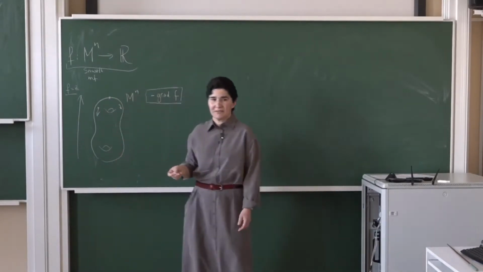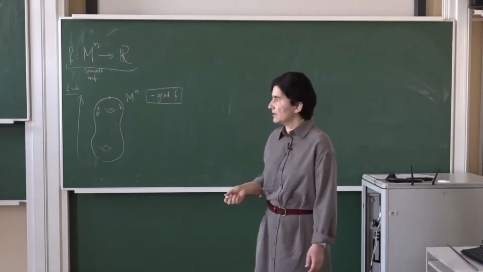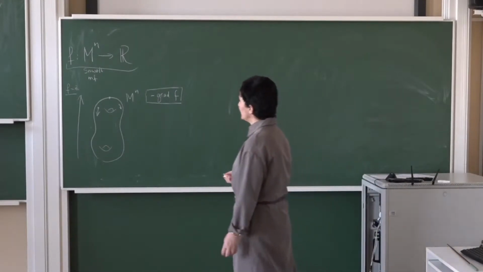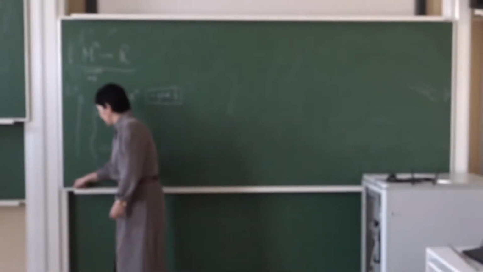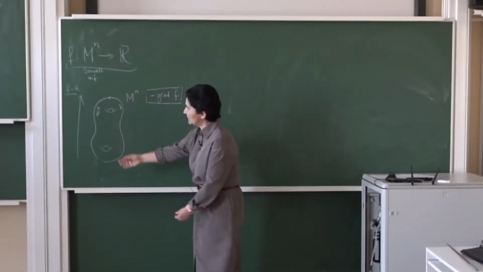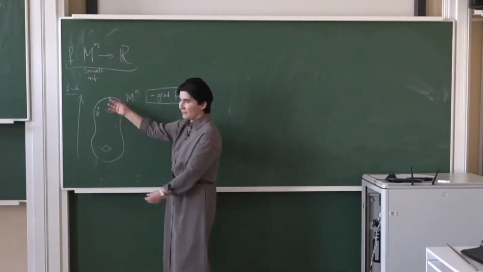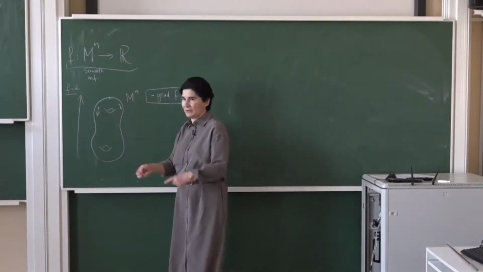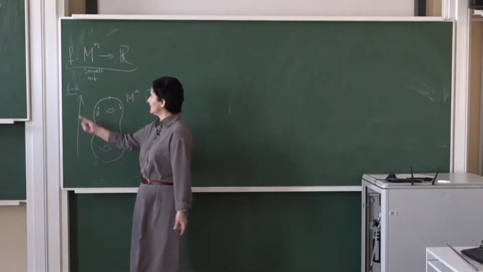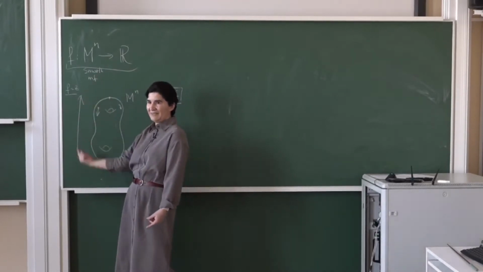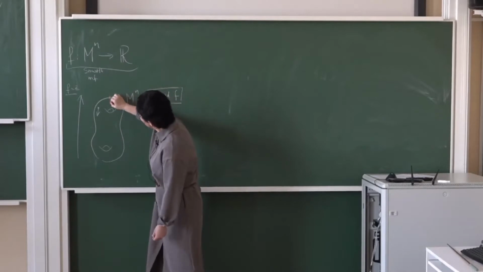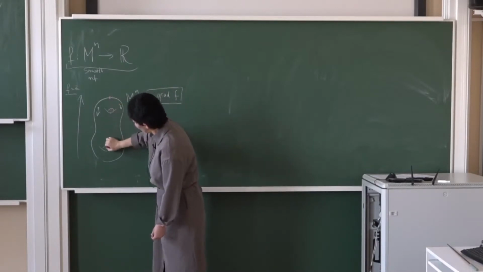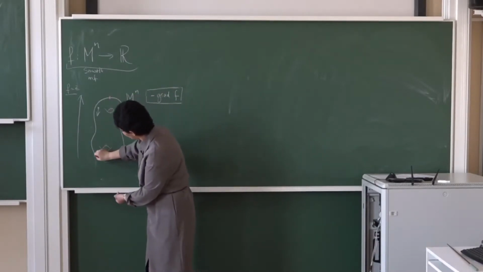Generically, there is only a finite number of points where this gradient vector vanishes. For this particular picture, when the manifold is the sphere with two handles and the function is the z coordinate, the gradient vanishes here, here, here, here, and here only.